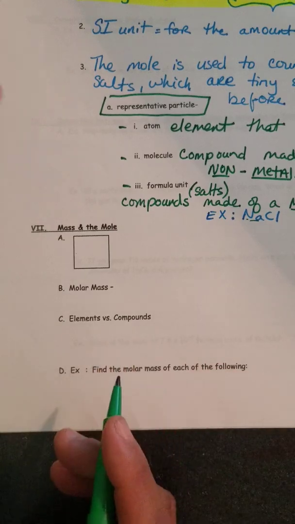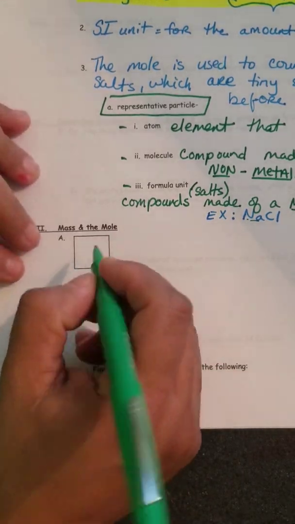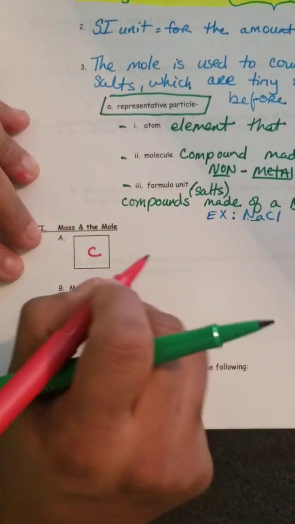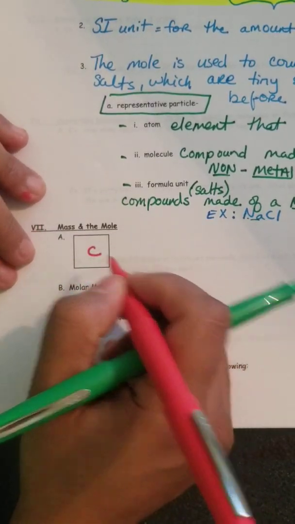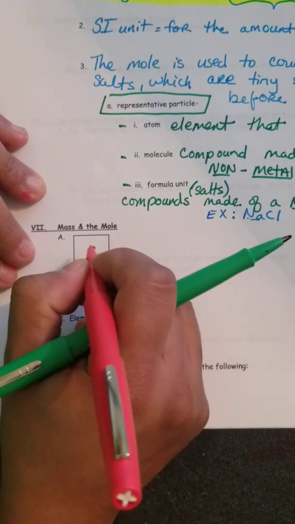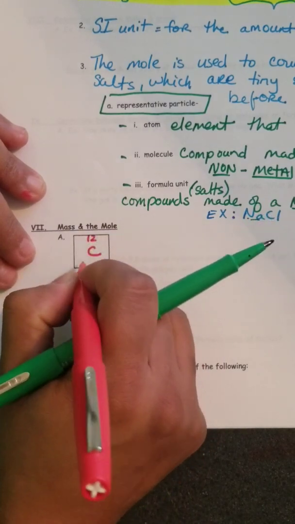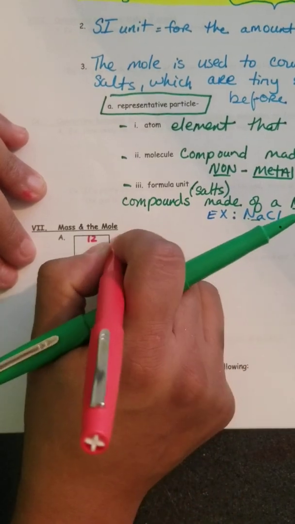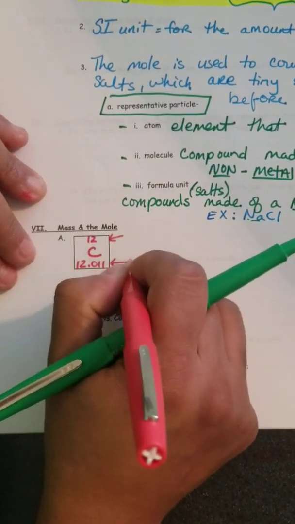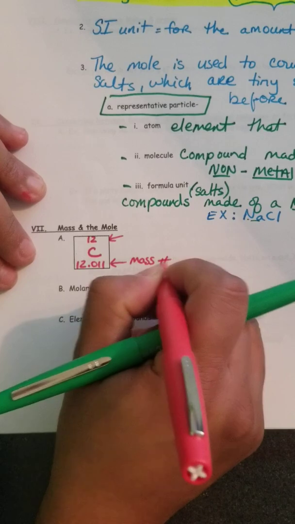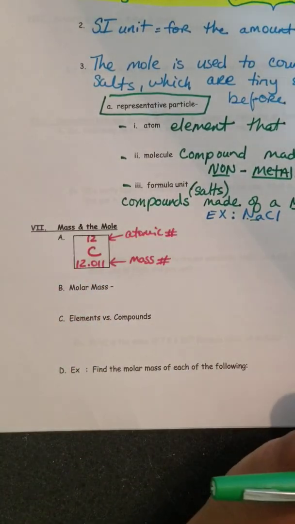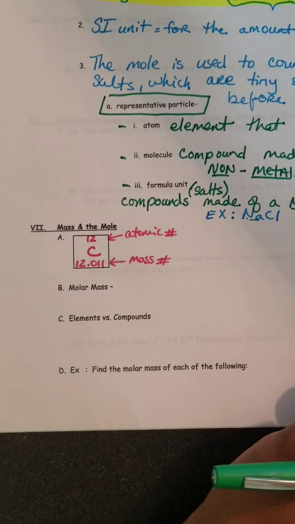Let's pretend that this is going to be carbon from the periodic table, and this is that little square on the periodic table. The top number is going to be the atomic number, the bottom number is going to be the mass number.